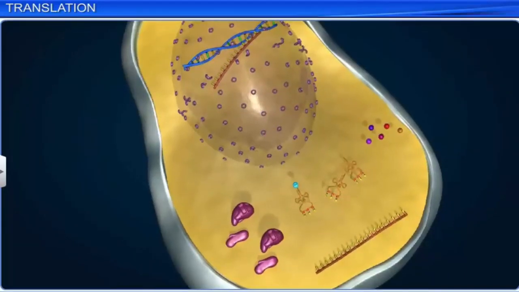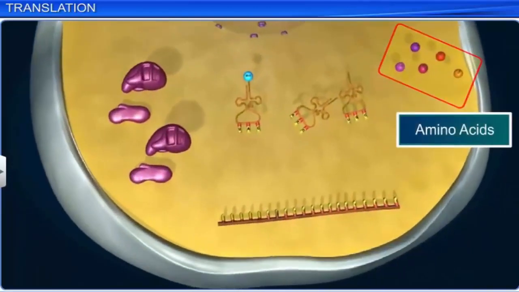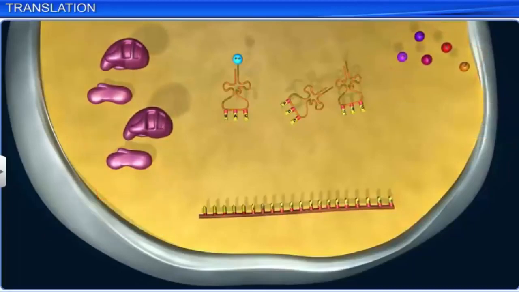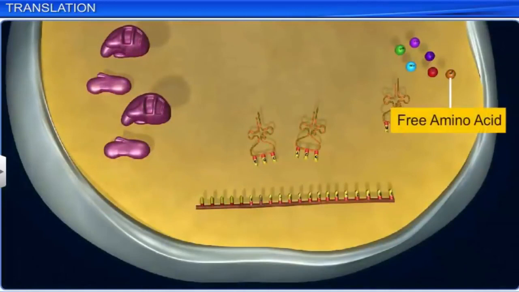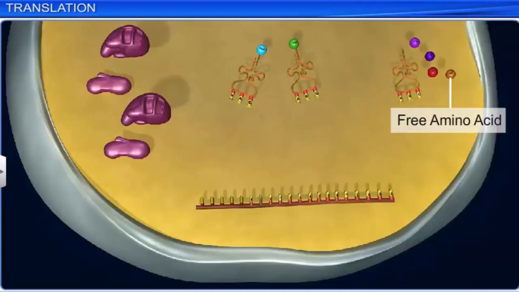The cytoplasm also contains tRNA, amino acids, and ribosomes, all of which are involved in the process of translation. The amino acids and tRNAs in cytoplasm become activated by a process called charging or aminoacylation.